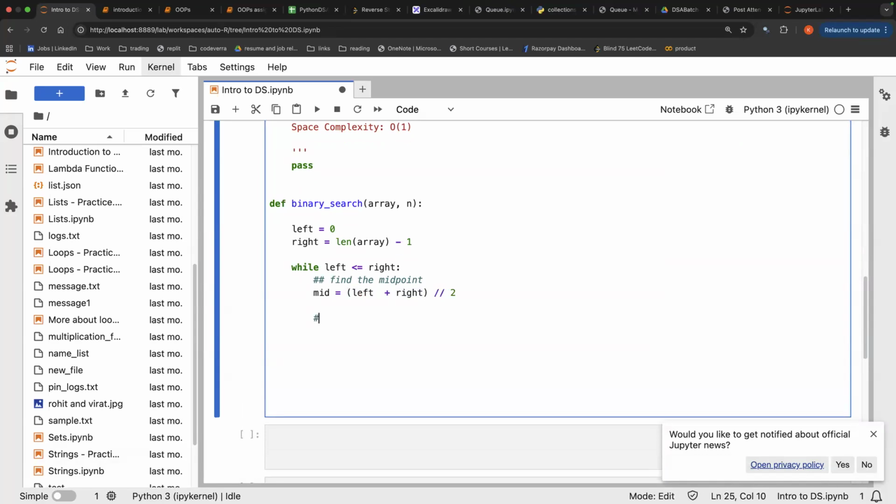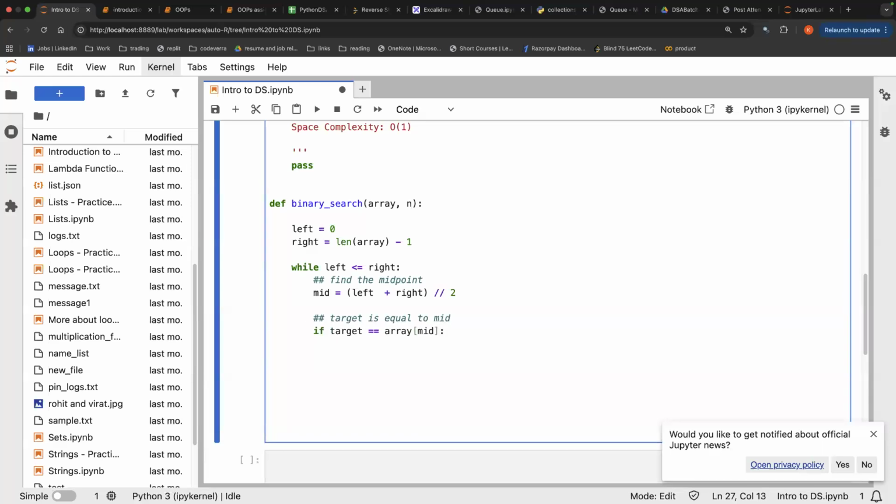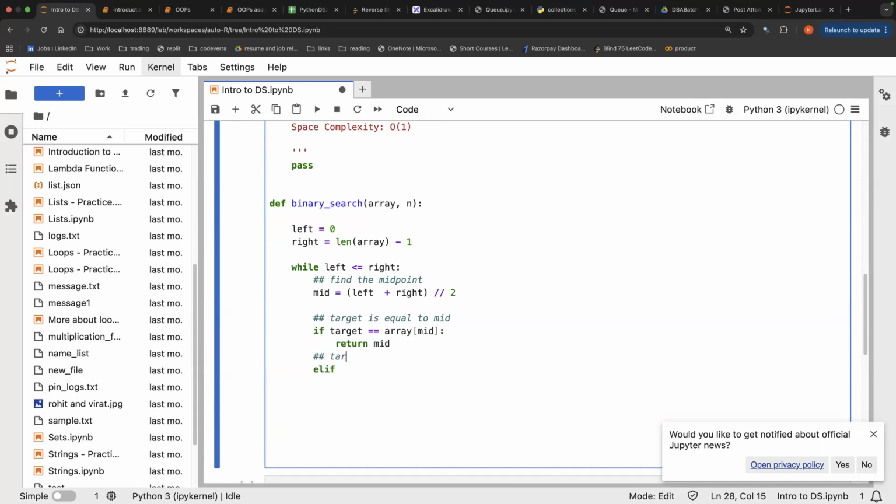Okay, and after that there are three conditions. Target is equal to mid. In that case, if array of mid equals target, then we will return mid. Okay, elif, what is the second condition? Target is greater than mid.